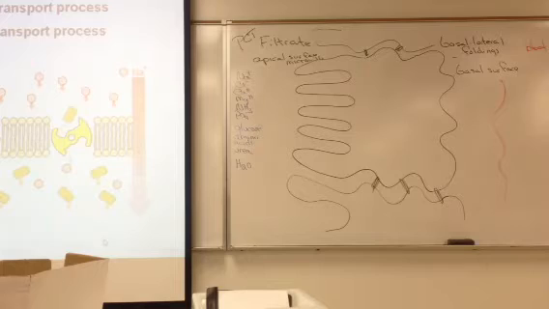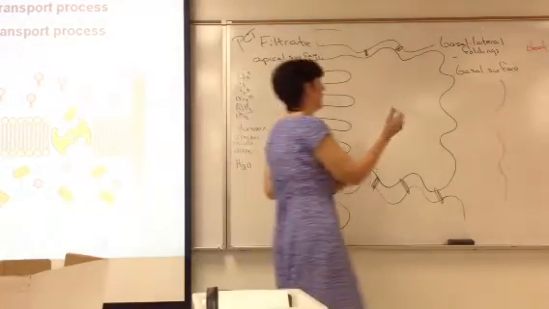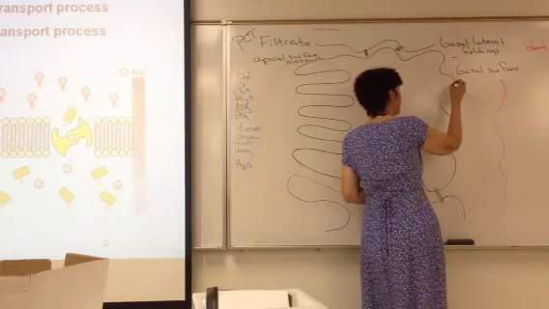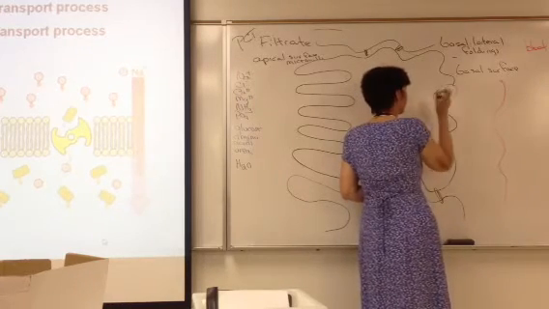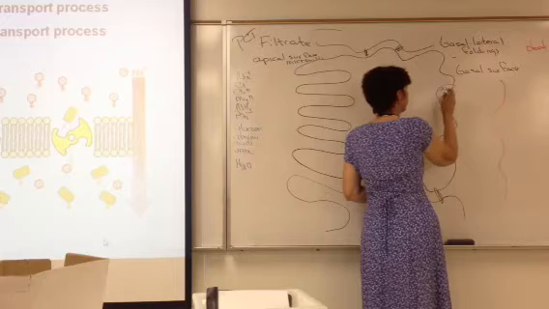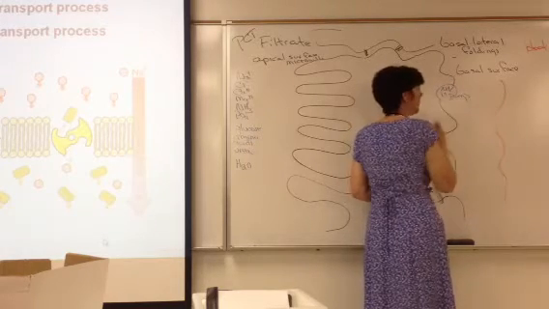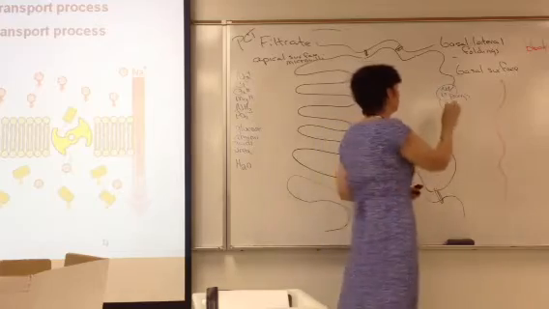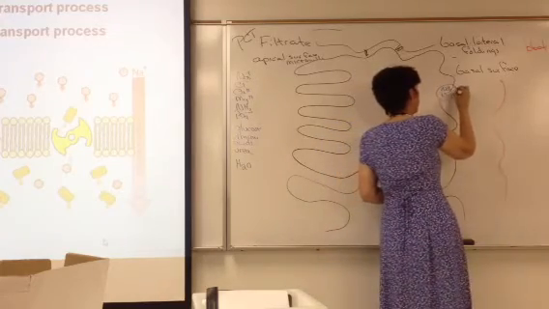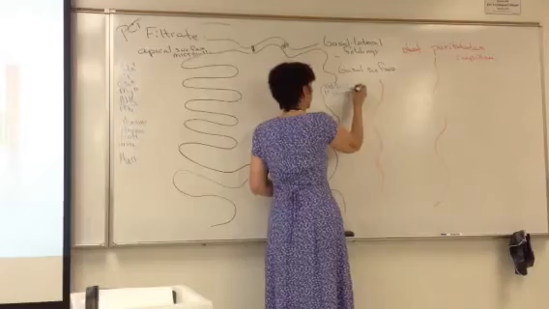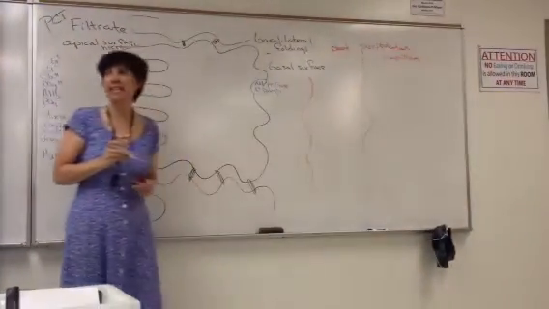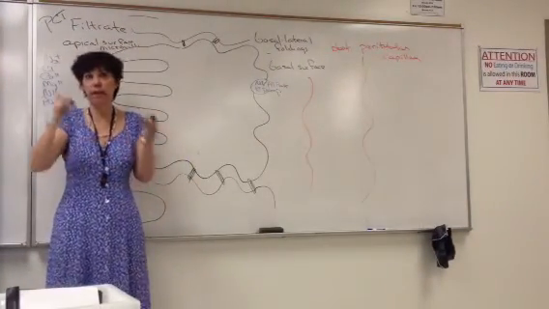With a sodium potassium or sodium hydrogen pump. Okay. So if we put that sodium potassium pump in, we're going to put it here. So this would be our sodium potassium pump, also known as an ATPase pump, because it requires an enzyme that breaks down ATP to provide the energy to move it up the gradient.